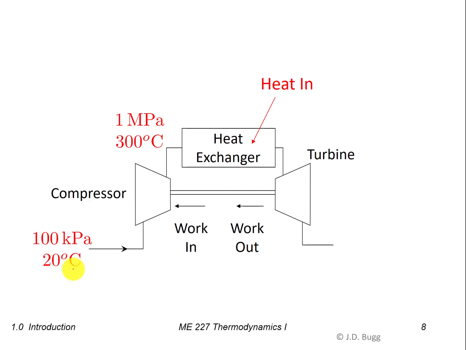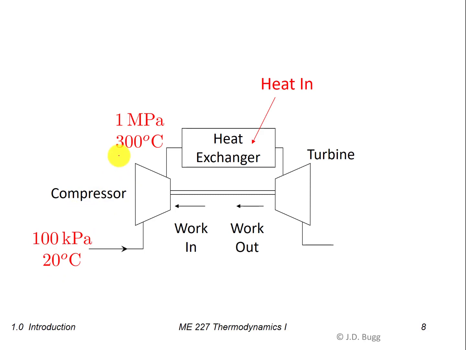But when you pressurize a gas, both the pressure and the temperature go up. Assuming a couple of other things, but we'll get into that in detail later in the course. So 100 kPa and 20 degrees C, pressurized up to 1 megapascal and 300 degrees C. So the pressure increases by a factor of 10 and the temperature goes from 20 up to 300 degrees C.